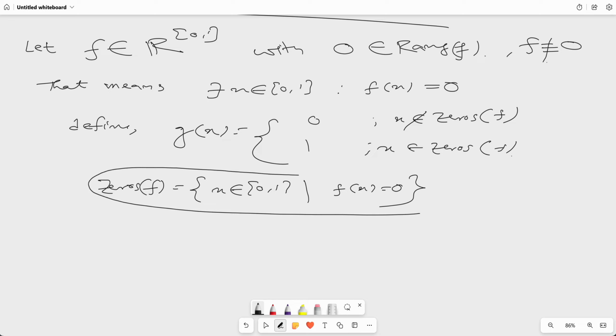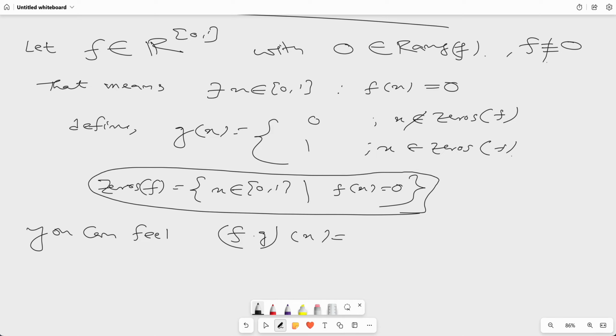So if this is your g, if x is not inside the zeros of f, g(x) is 0, and if x is inside the zeros of f, then it will be 1. Then (f·g)(x) equals f(x)g(x). This is 0 for all x inside [0,1], right?